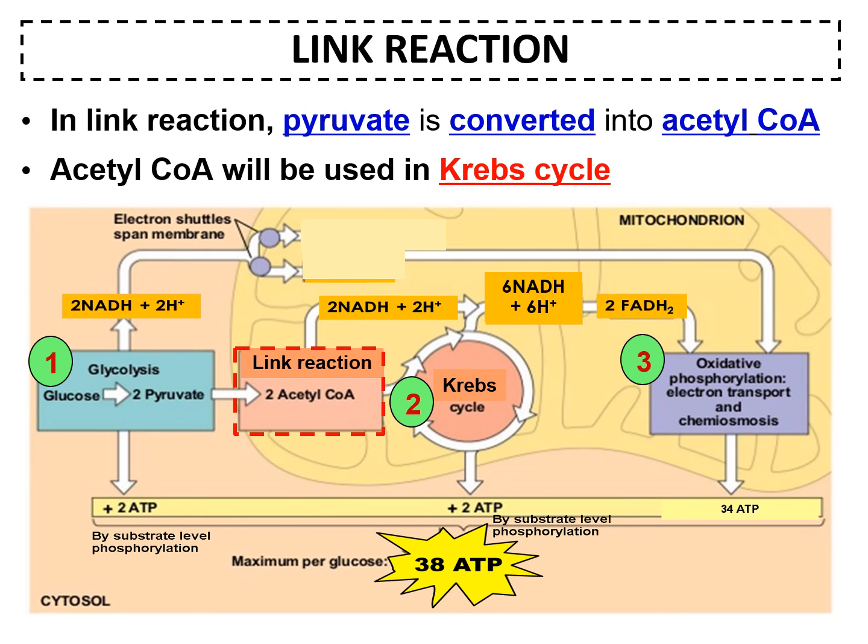Link reaction. Pyruvate is converted into acetyl-CoA. It occurs in the mitochondria during the transport of pyruvate into the mitochondria. This acetyl-CoA will be used in the Krebs cycle.